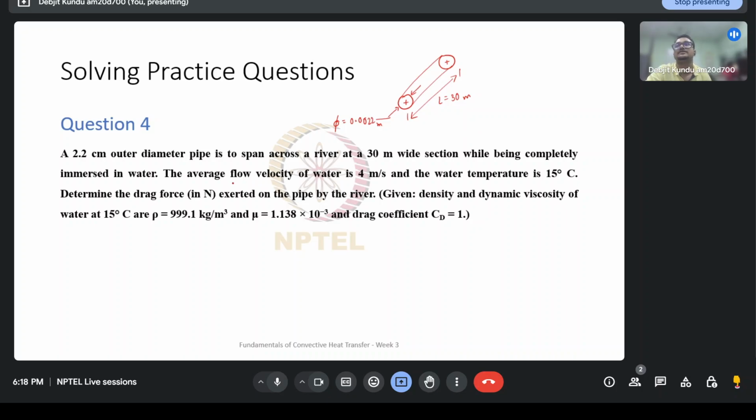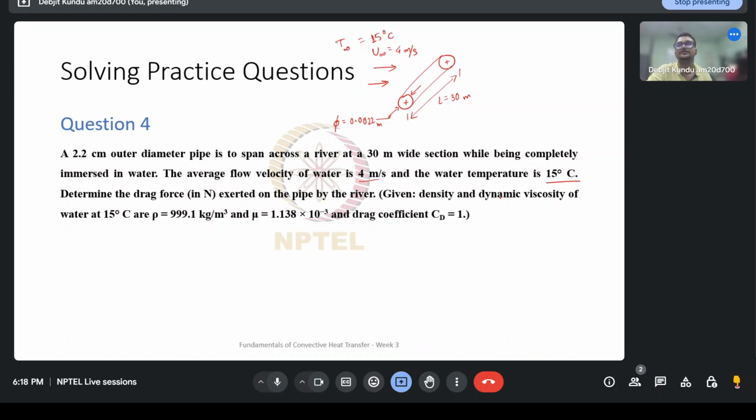Now there is a flow through the river, so the average flow velocity of the river is 4 meters per second. So I have a u infinity coming in at 4 meters per second, and the water temperature is 15 degrees Celsius. That's also given. So T ambient, T infinity is 15 degrees Celsius.